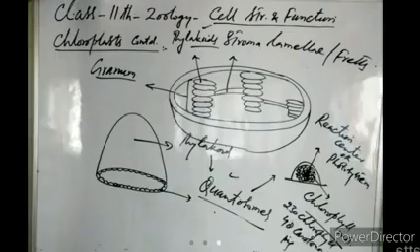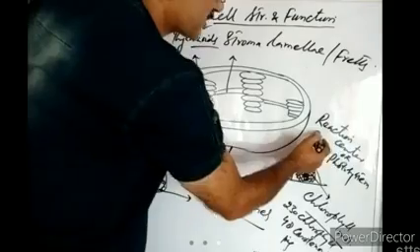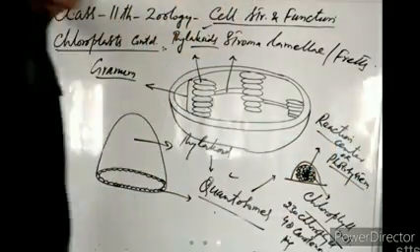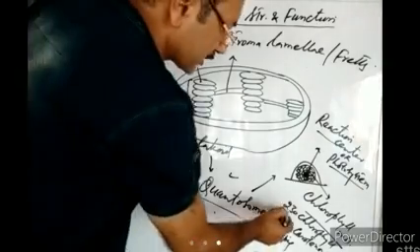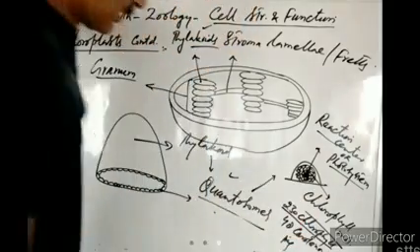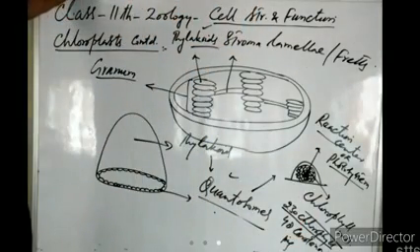What is contained in a contosome? In a contosome, there is a reaction center or photosystem, right, which is surrounded by chlorophyll molecules. There are approximately 230 chlorophyll molecules in a contosome, and there are some other pigments, 48 carotenoid pigments.